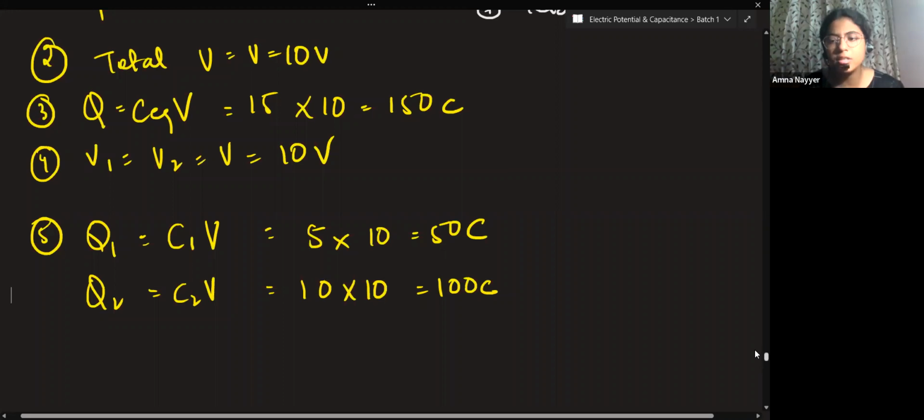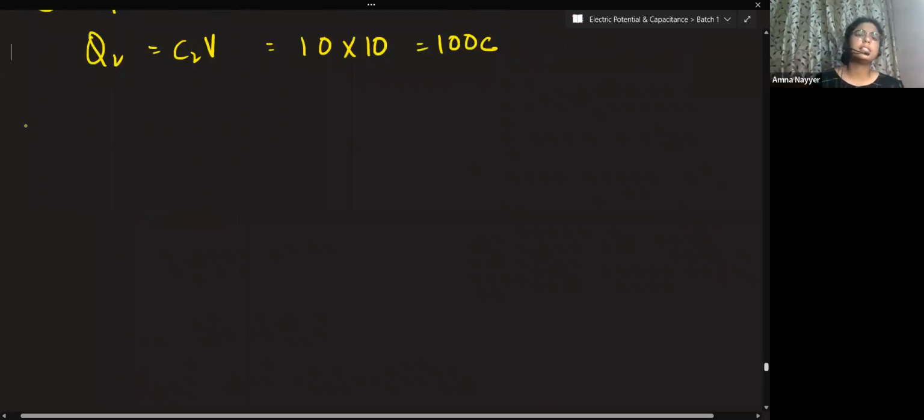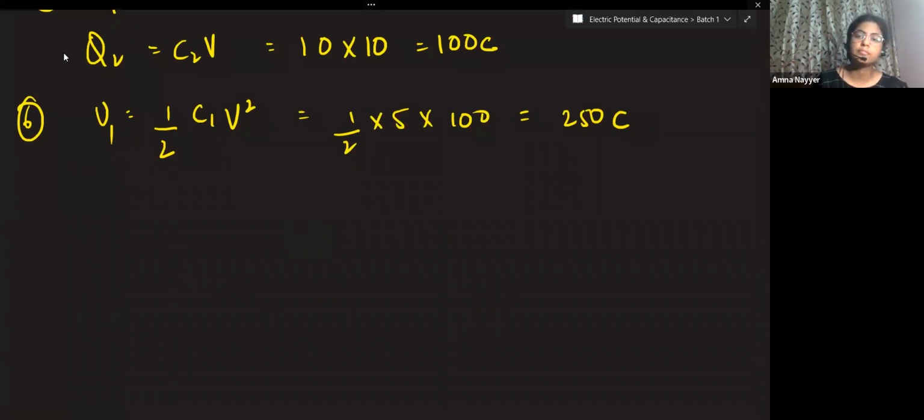Sixth part says energy, no? Energy in each. So energy's formula is the same. Use half CV square, because potential is common. So energy for the first one will be half C1V square, means half into 5 into 100. That gives you 500 by 2, which is 250, not coulombs, joules. 250 joules.